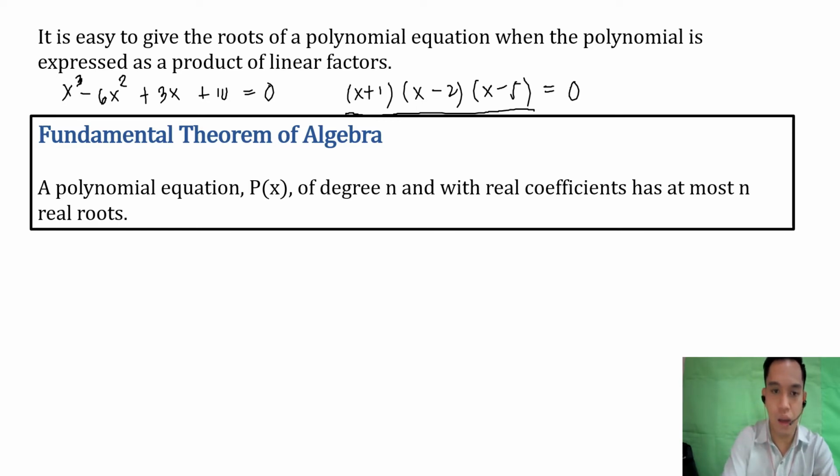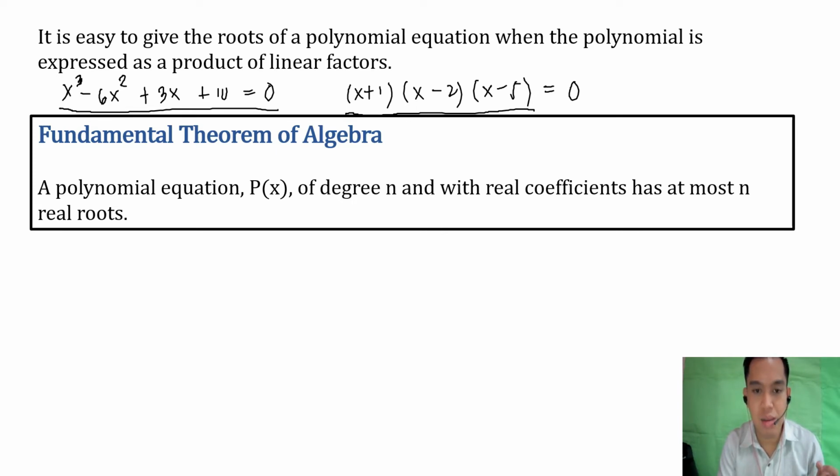Okay, so here in our example, x cubed minus 6x squared plus 3x plus 10 equals 0. What is the degree in our polynomial equation? Again, yung degree, yun ang pinakamalaking exponent sa ating polynomial equation.